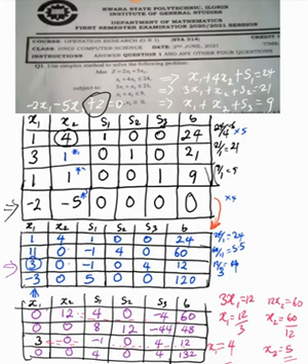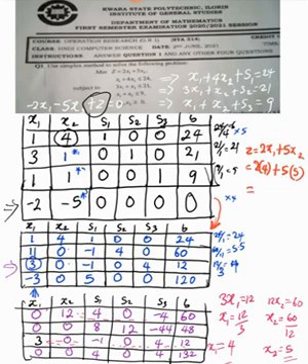Now, to determine z value, the maximum value of z, now remember that in the equation we have z to be equal to 2x sub 1 plus 5x sub 2. So anywhere we see x sub 1, we put the value we have here, 4. 2 into 4 plus 5 into 5.